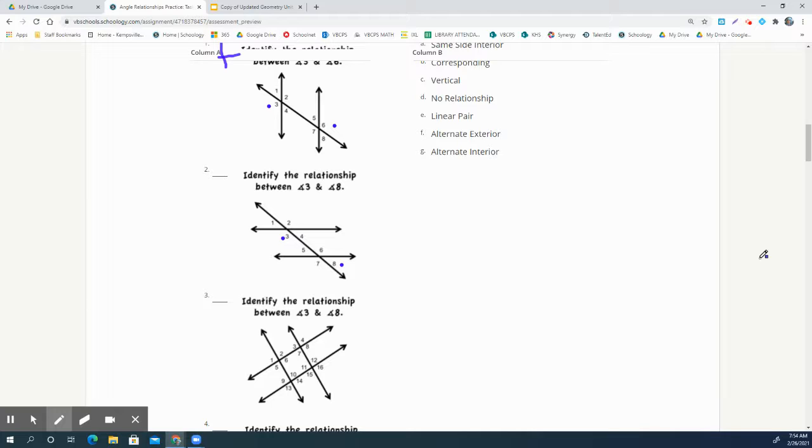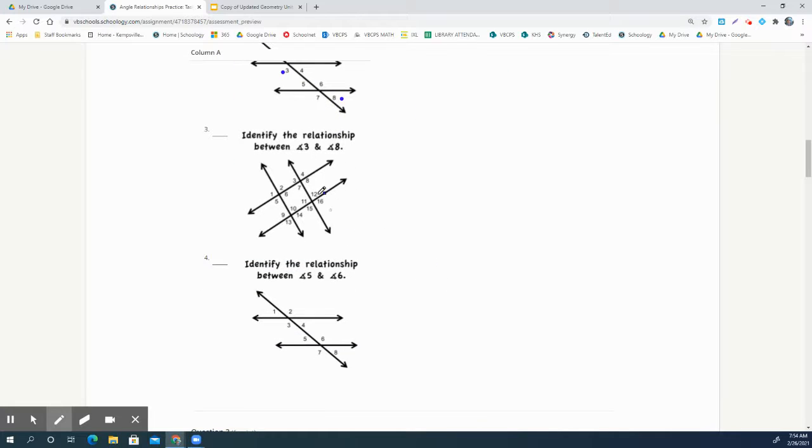They're alternate. Are they inside the parallel lines or outside the parallel lines? Absolutely. So this one is going to be no relationship because they're not both. If they were same side and one's inside and one's outside, we'd have corresponding. But this is not one of those relationships that we've identified.